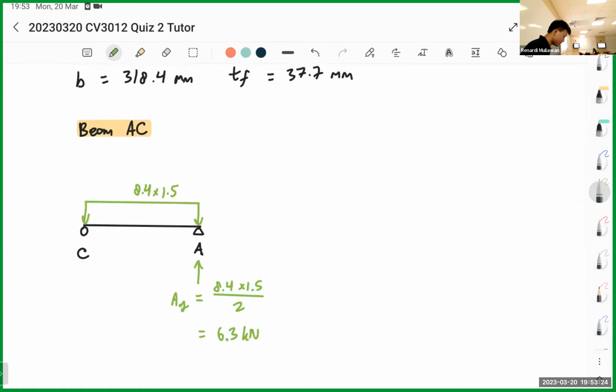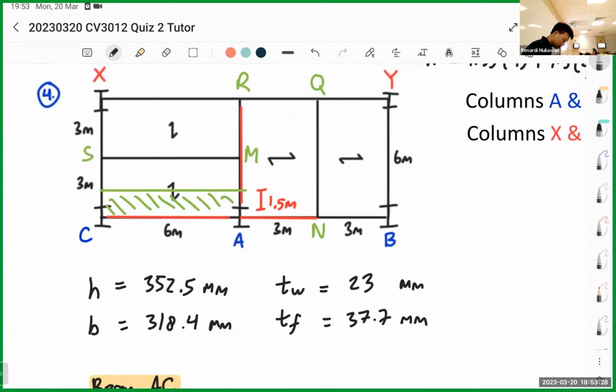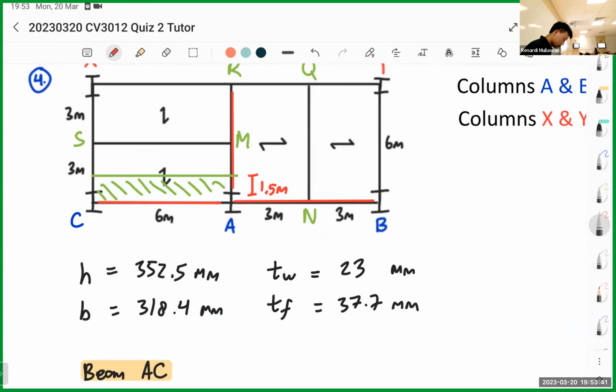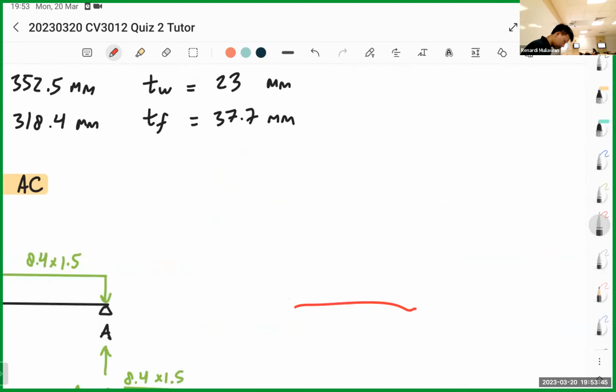So that's beam AC. So let's check again. So beam AC is done. Now let's go with beam AB. So this is beam AB. Okay, so beam AB is something like this.